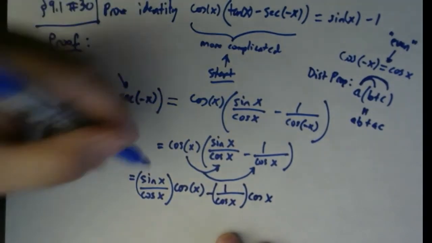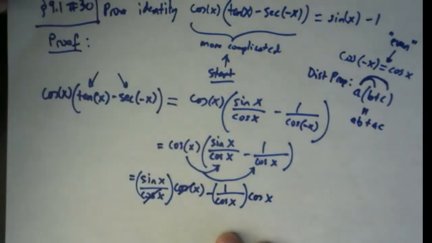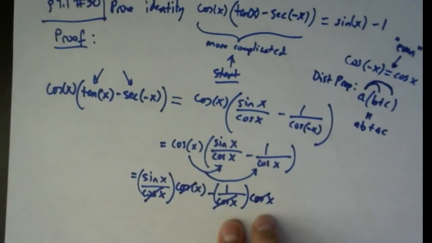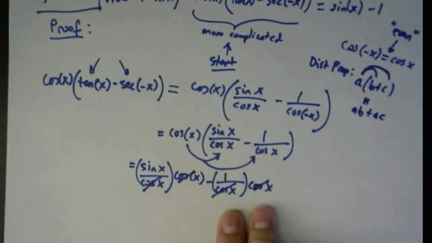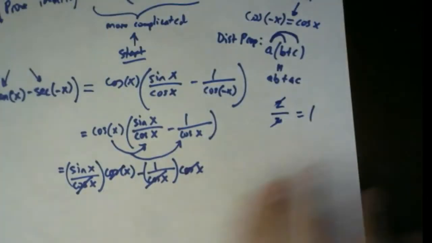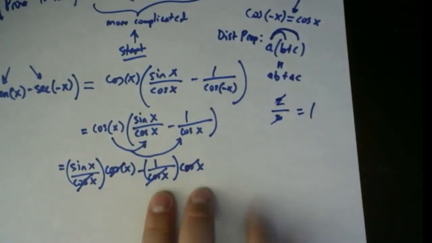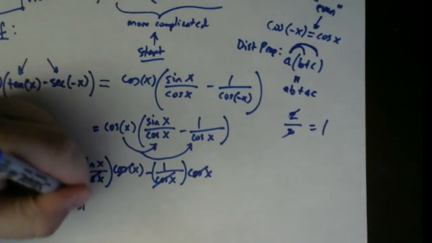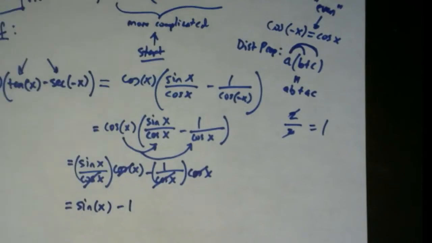Lo and behold, the cosine x's cancel, they annihilate, and when you cancel, it doesn't become 0. That's something students sometimes make a mistake with. It does not become 0, it becomes 1. It's kind of like how 2 over 2, the 2's cancel and you get 1 out of it. So this term becomes 1, and this term becomes sine x. And look what we get.